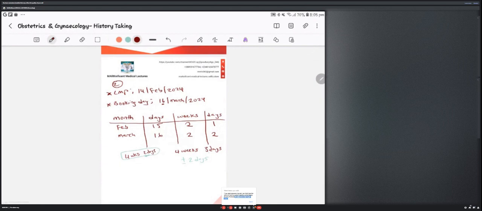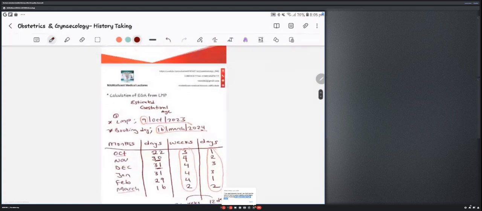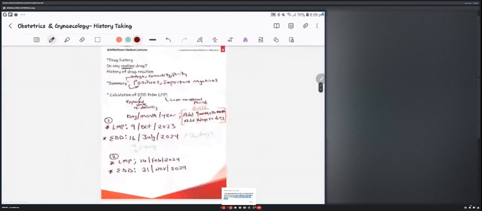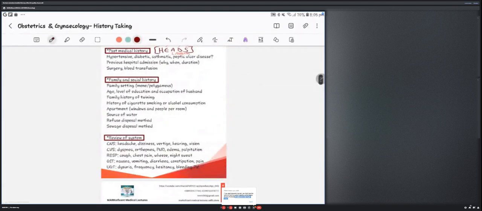Okay. So that'll be it. This is about history taking and then how to calculate EGA and EDD. I wanted examination to be a separate class. Why? Because I will need to actually explain.